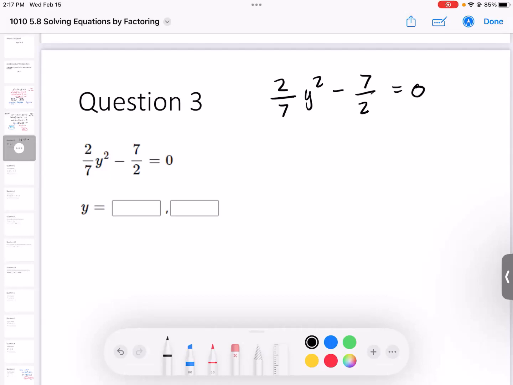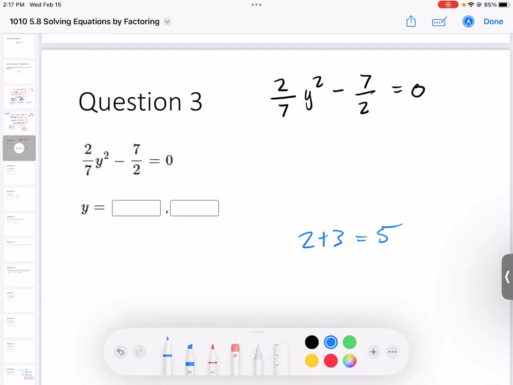The reason why we couldn't get rid of them is because we were dealing with an expression, not an entire equation. Easy example, like you're dealing with 2 plus 3, not an equation, 2 plus 3 equals 5. If you have an equation, you could add 4 to both of these and it would still keep the equation consistent.